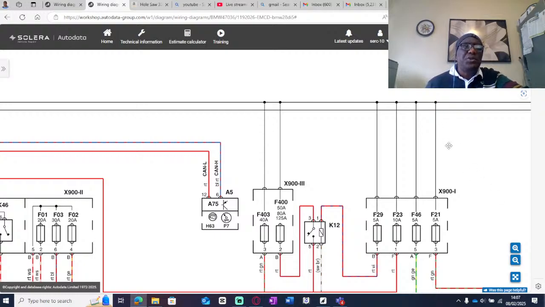So whenever you see a dot, it means that those two wires are physically joined together. And whatever is in the first wire is also in the second wire. If there's 0 volts in the first wire, there's 0 volts in the other wire. So let's say there's 0 volts in this battery wire. There will be 0 volts as well in everything, okay? If there's 12 volts here, 24 volts here, there will be 12 volts or 24 volts as well in all these wires powering the fuses.